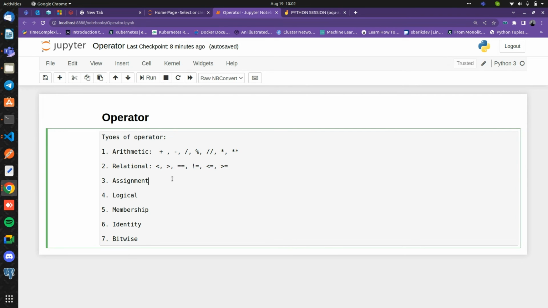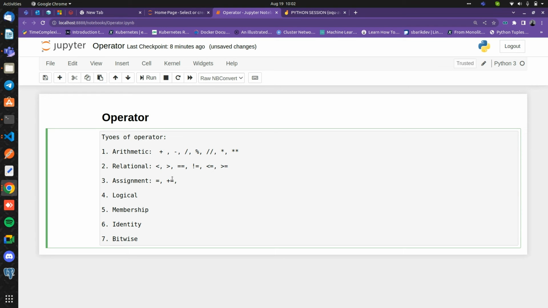And the assignment symbol, that is the equal to sign, not double equal to. Just remember that whenever I assign, it is the equal to sign, and also plus equal to. I will explain what these symbols are used for, with an example of these symbols.